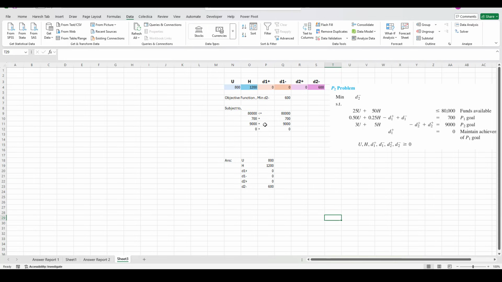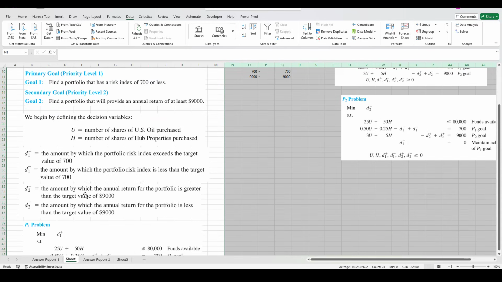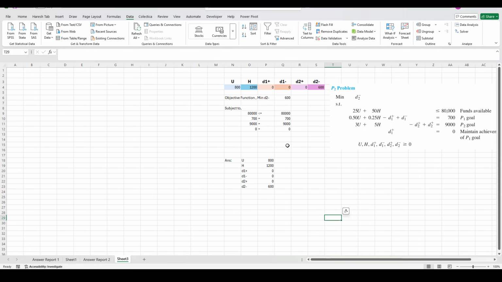If you go to this sheet, you will see my first objective was to achieve a risk index of 700, which I will get, and the second objective of achieving $9,000 in sales will be running short because d2 minus is 600, so it will fall short by 600. So the maximum return which I will get is 9,000 minus 600, which is 8,400.